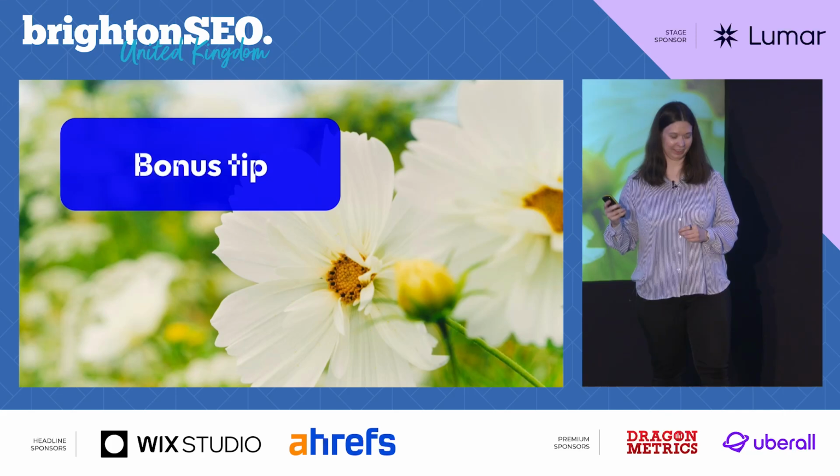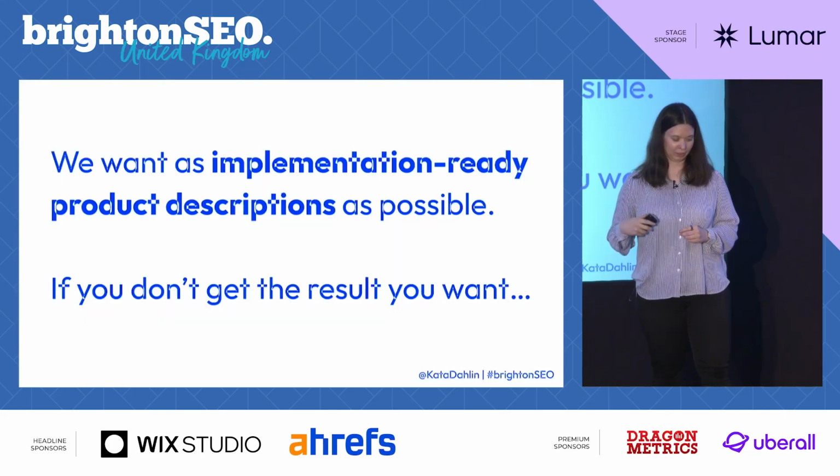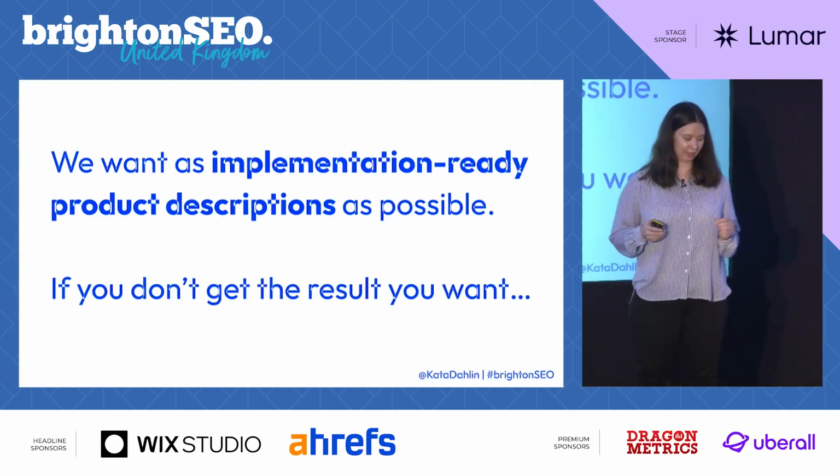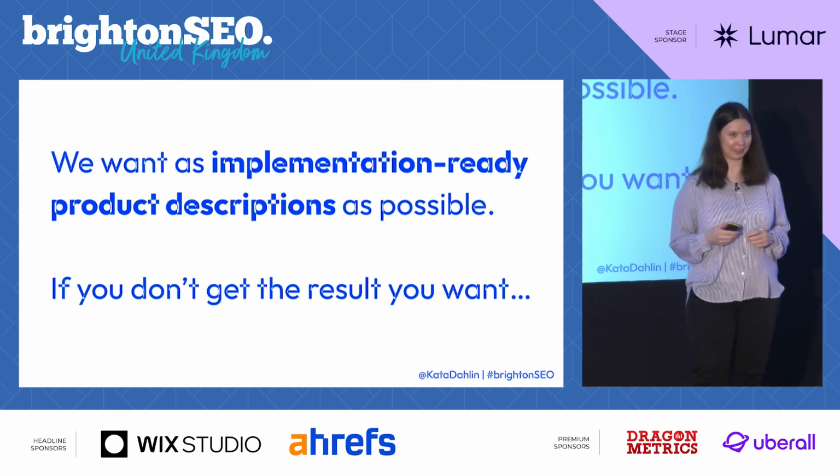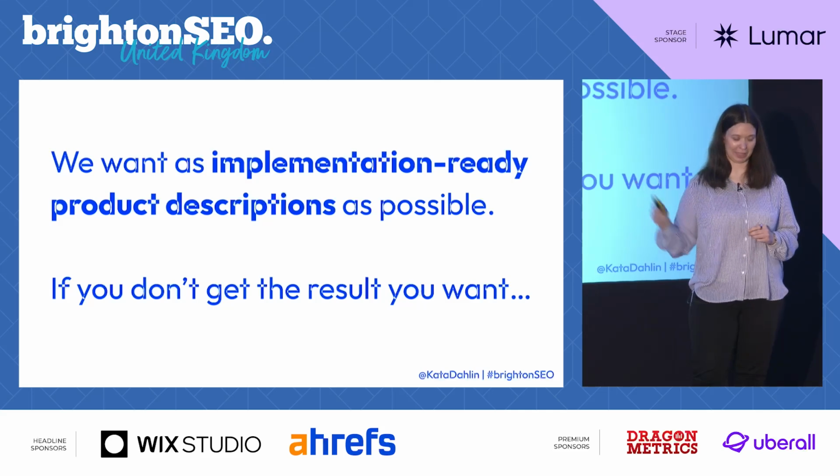And just a final bonus tip. We want to build as implementation-ready product descriptions as possible. So we don't want any comments from the ChatGPT like it sometimes does, like I have now optimized this and blah, blah, blah. I just want the final result.